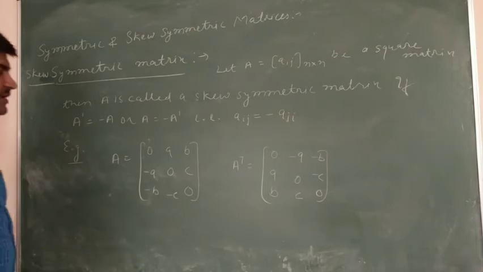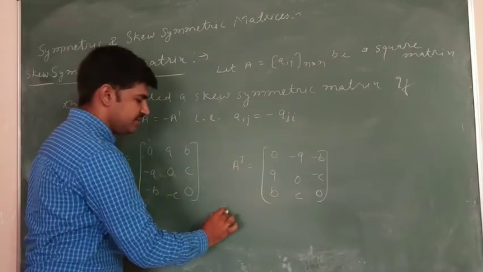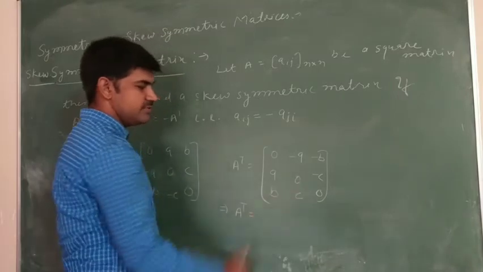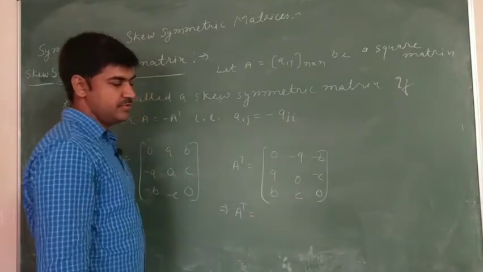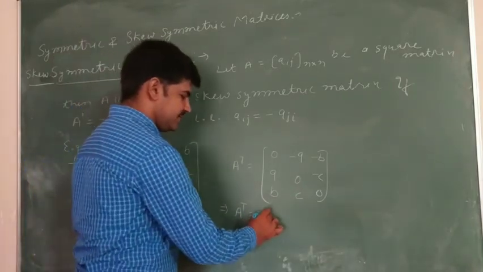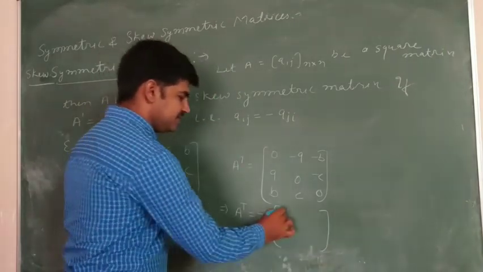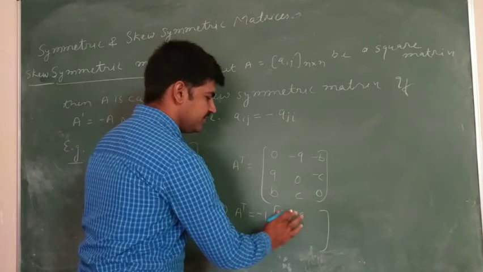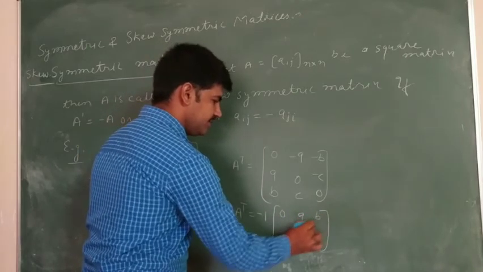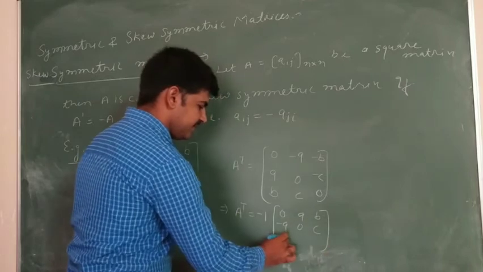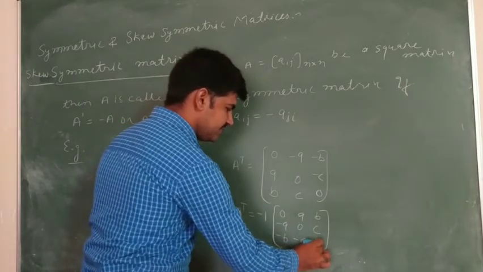What do we notice here? Now this transpose of matrix A can be written as, if I take minus common, minus 1 multiplied by the matrix 0 a b, minus a 0 c, minus b minus c 0.